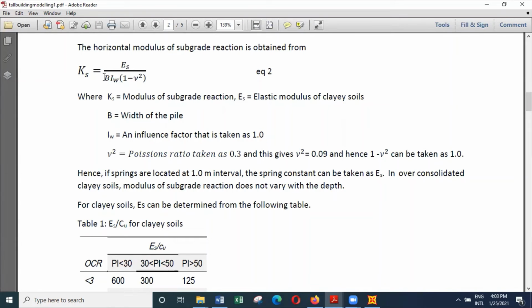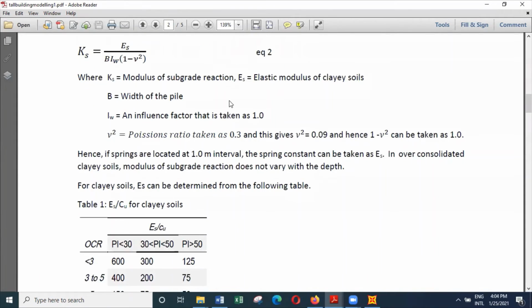So because of this reason, we generally say Ks is equal to Es over B, and then the spring constant will be Es over B multiplied by B, where B is the width of the pile, multiplied by the spacing of the springs, which, if you are having springs every 1 meter, then Ksc will be equal to Es. So this way you can actually work out the spring constant for clay soils.